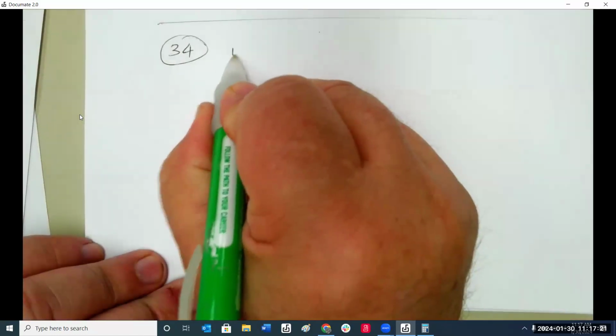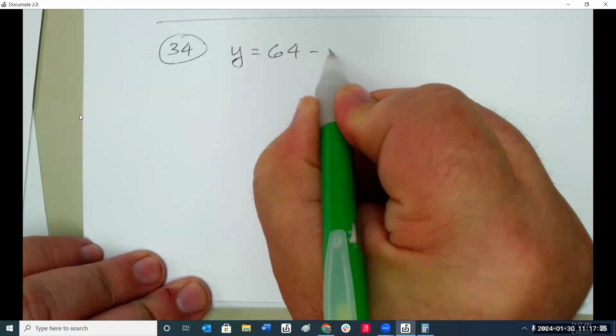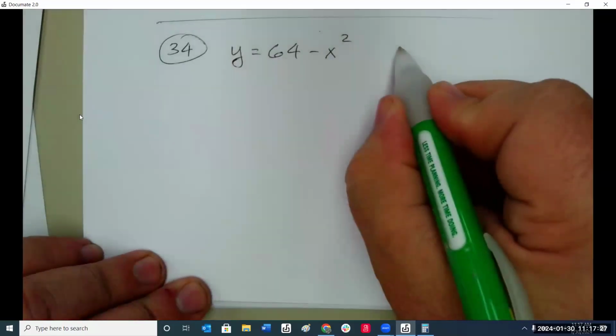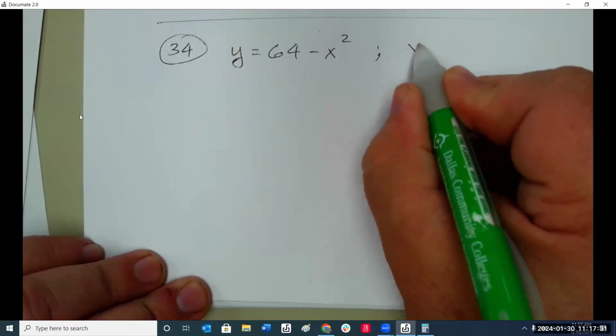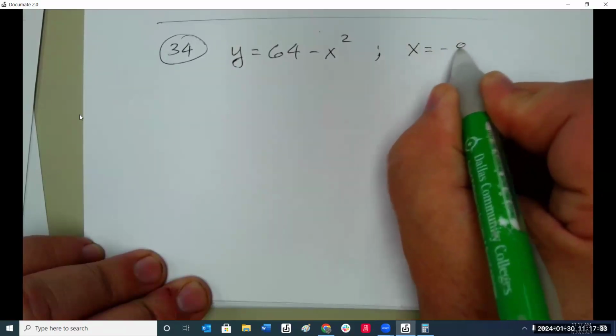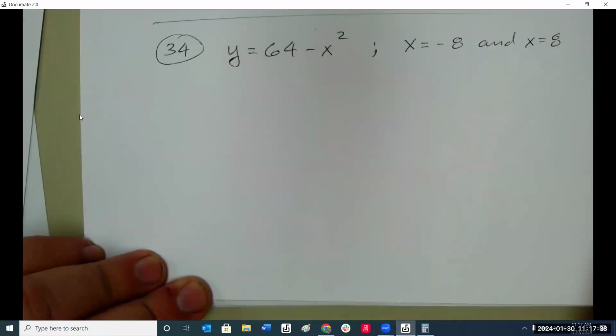So we have y equals 64 minus x squared between x equals -8 and x equals 8.